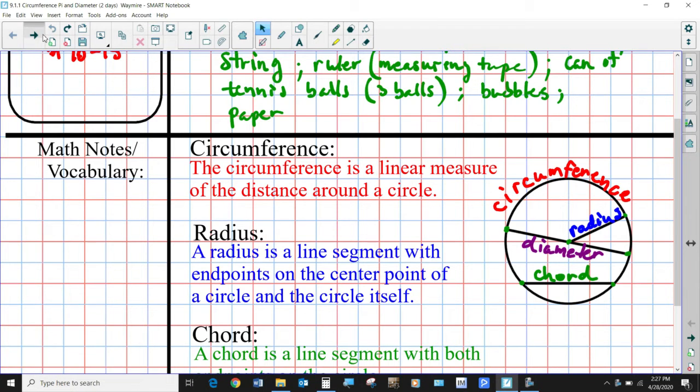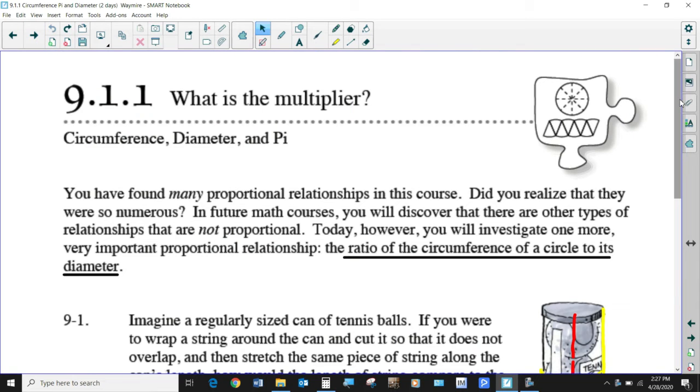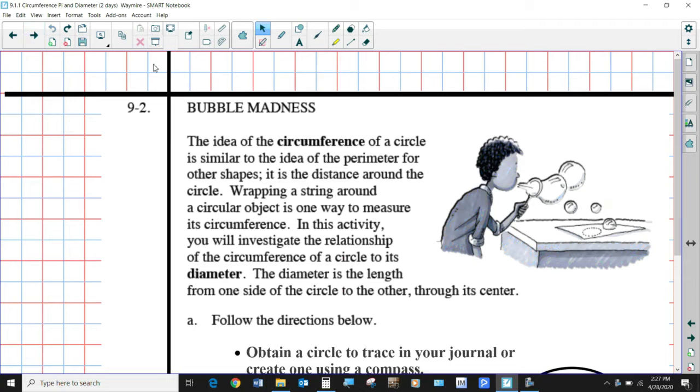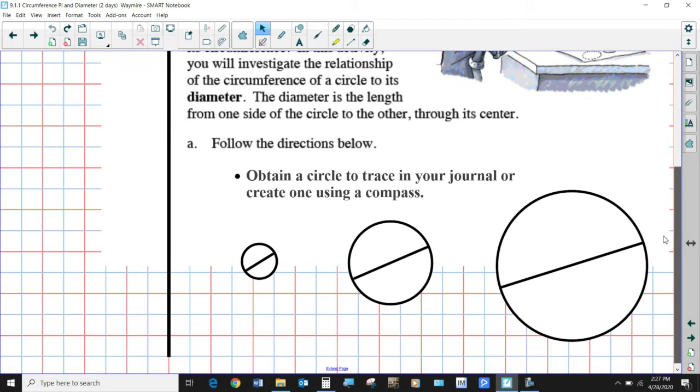What we learned from the activities is that there is absolutely a pattern here and a ratio where the distance across through the diameter is about 1/3 the circumference.